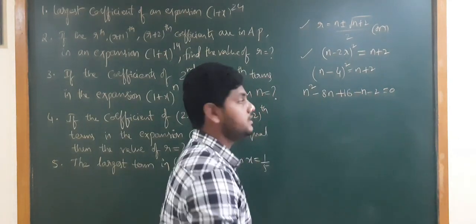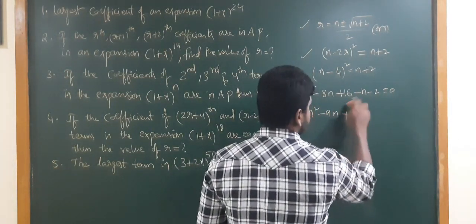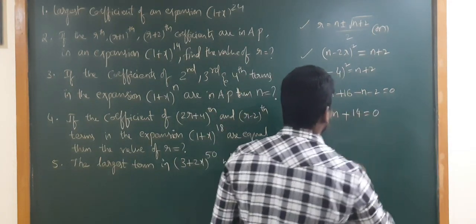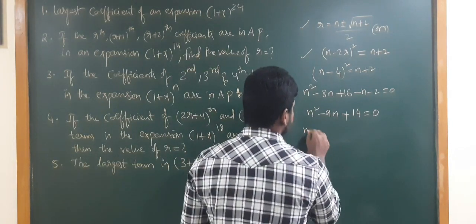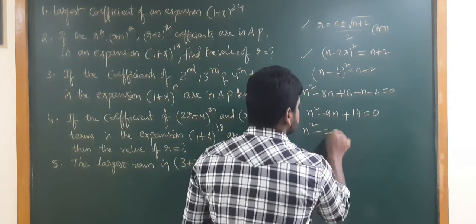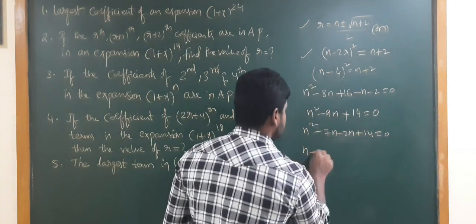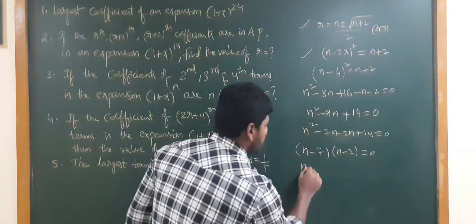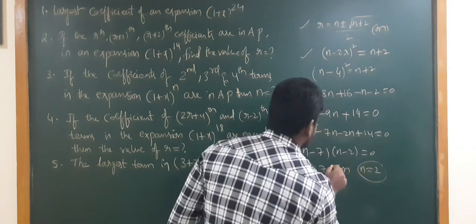So it becomes n square minus 9n plus 14 equal to 0. Next, factorize: n square minus 7n minus 2n plus 14 equal to 0, that means (n minus 7)(n minus 2) equal to 0, so n equal to 7 or n equal to 2.